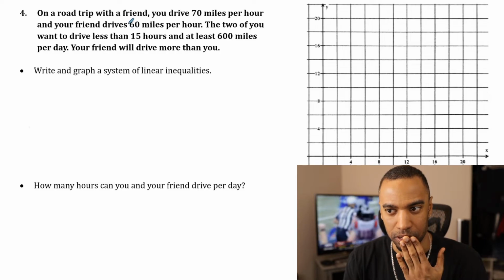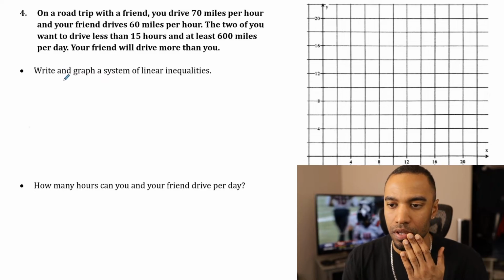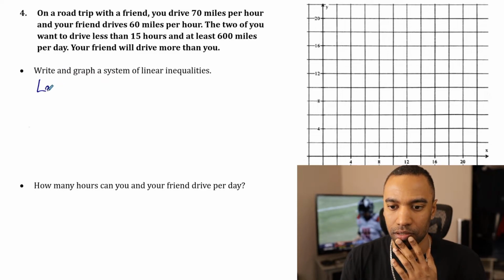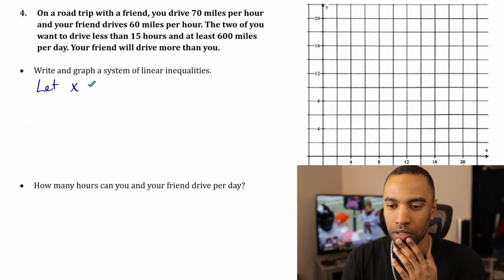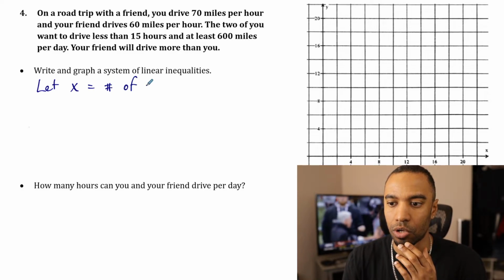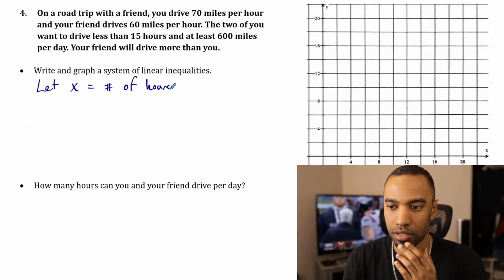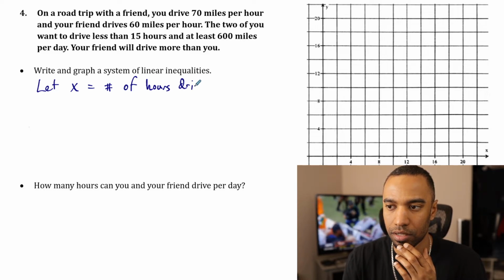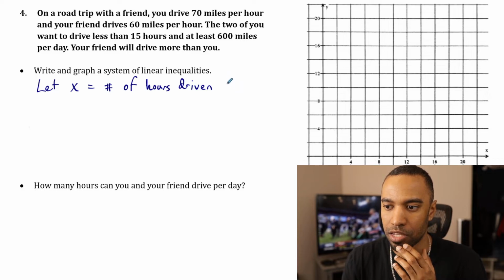Let's see, how do I want to say this best? You want to drive around 15 hours, at least. Okay, so let's do this. Let x equal the number of hours driven by you.